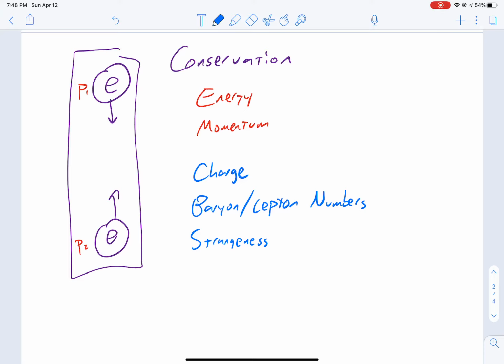But strangeness is conserved with a little asterisk up here. Strangeness is not conserved in weak interaction. And we'll talk about what that means in just a second. Okay. So other than that, these laws always have to be conserved. At any point in the collision, all 6 of these things need to be conserved at all points.